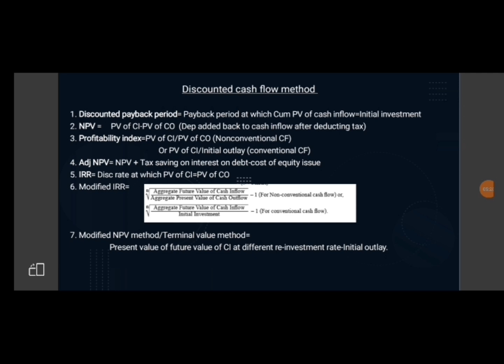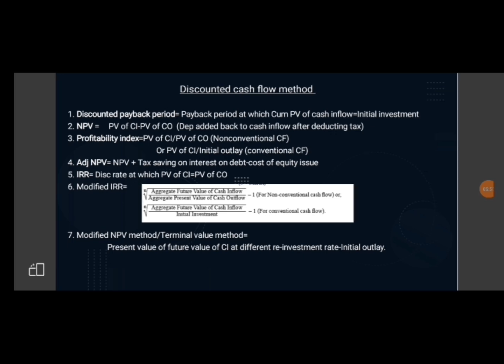Modified NPV method, which is also known as terminal value method, is equal to the present value of the future value of cash inflow at different reinvestment rate minus initial outlay. That means we need to find the future value of cash inflow at different reinvestment rate, and then we need to find the present value for the future value.